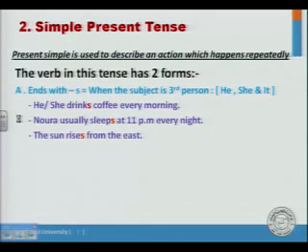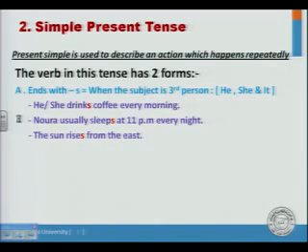Here I wrote the letter s in red color, so be careful. He, she drinks coffee every morning. So every indicates that the verb must be simple present. Let's move to Noura. Noura usually sleeps at 11 p.m. every night. Sleeps.